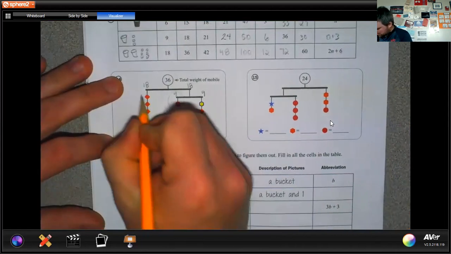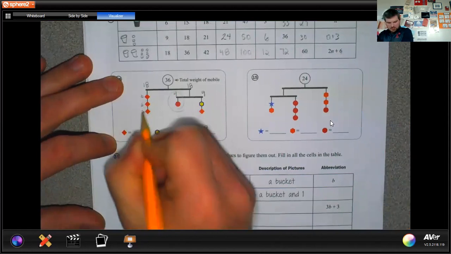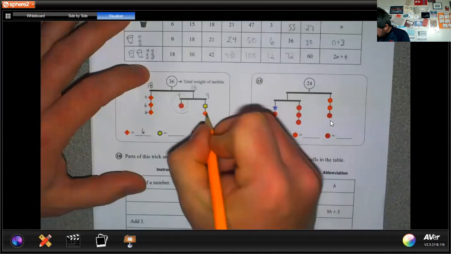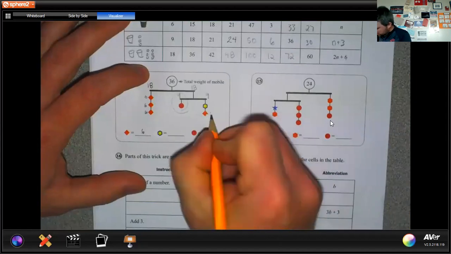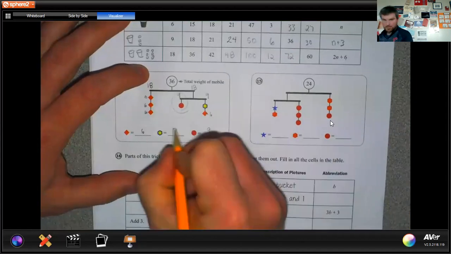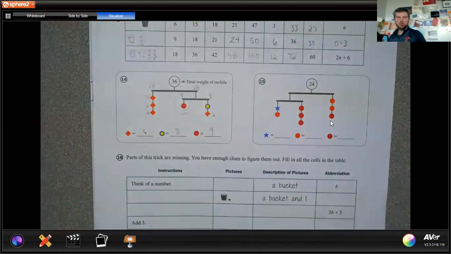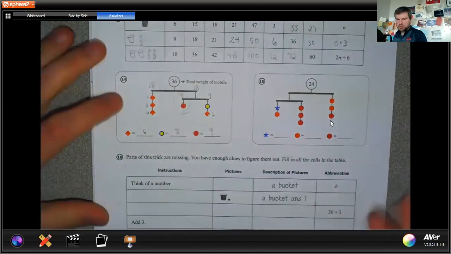So that should be 6, 6, and 6. So a diamond is 6. So this diamond here is 6. So 6 plus what will give you the 9? And that is 3. Okay, I know I did that kind of fast, but this should be a review of everything. You should have already tried this out here.